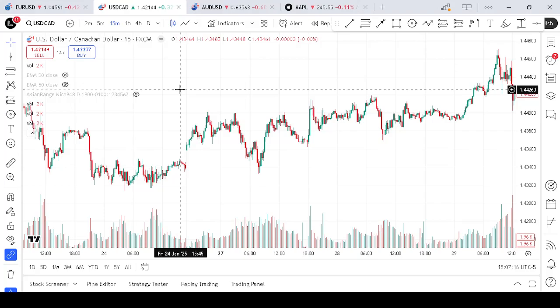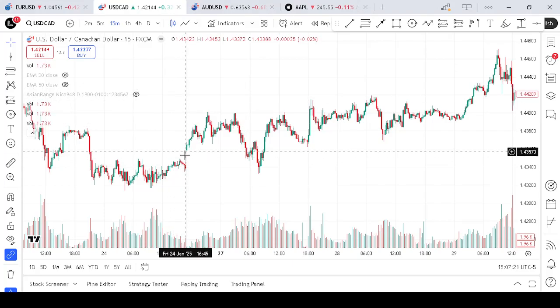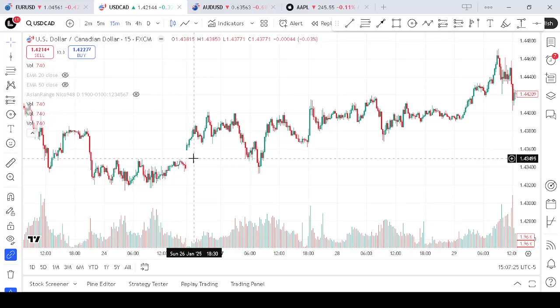So let's get started. First of all, we have to start by understanding what a bullish and a bearish gap is. Gaps are price areas on the chart where no trading activity occurred, creating a visible empty space between one candlestick to the next candle open.